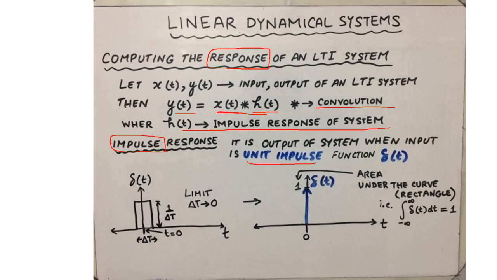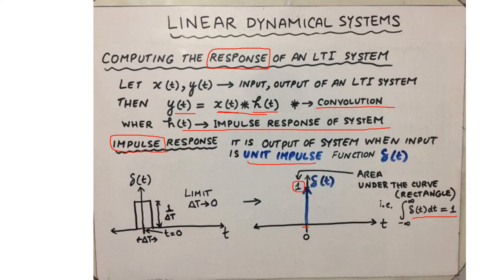A unit impulse is a signal which has zero width and infinite height, so that the area under this function, or if you integrate this function, the area under this strange looking curve remains equal to 1. And the representation is slightly unconventional because this 1 is not representing the amplitude, it is representing the area under the impulse curve.